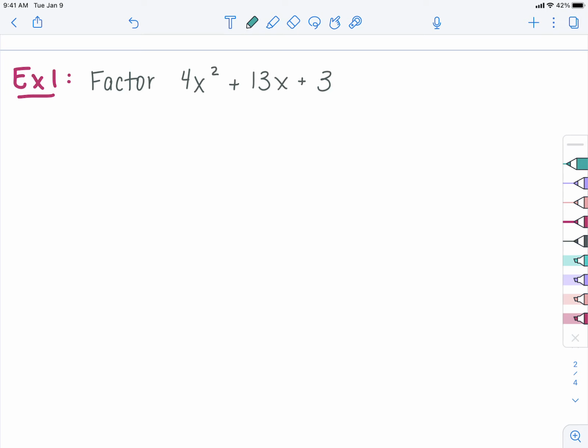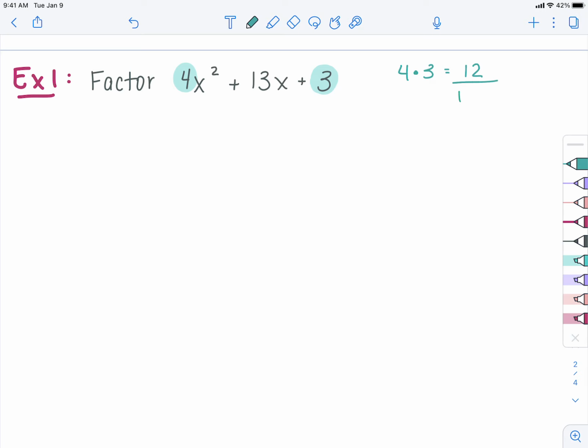So the very first thing I'm going to do is take 4 times 3 and look for factors of 4 times 3. So off to the side, I say, okay, 4 times 3 gives me 12. So now I want factors of 12.